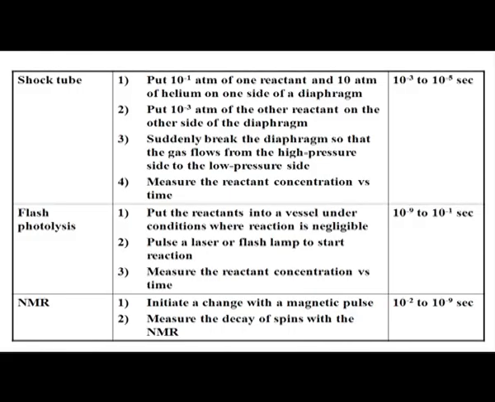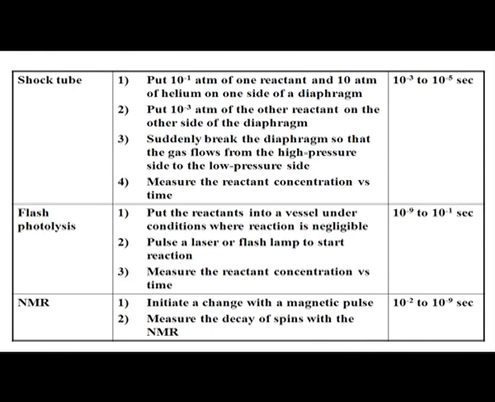I mean when out of two reactants, maybe one is excited and then it does the reaction. In that case flash photolysis is useful maybe. So, in that case a pulsed laser or flash lamp is used to initiate the reaction, okay, and measure the reactant concentration or maybe the product concentration as well.